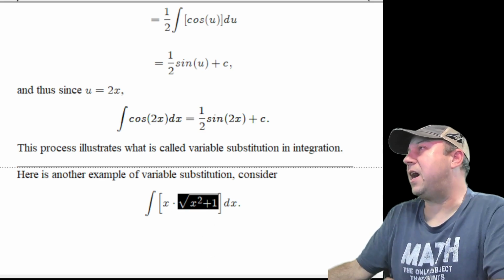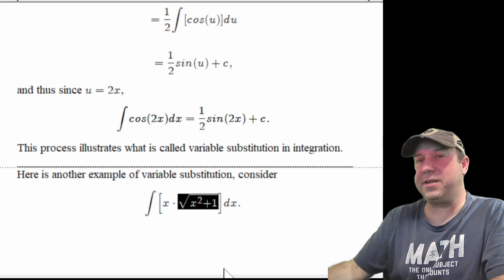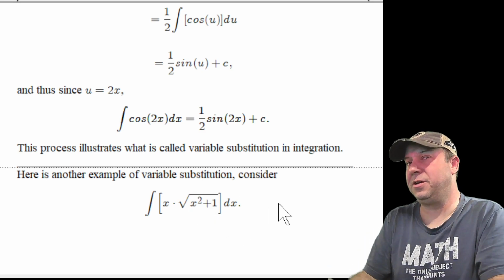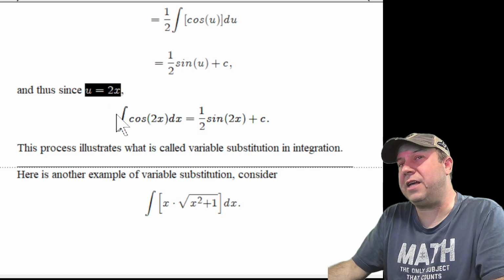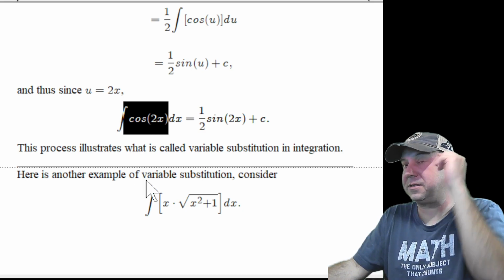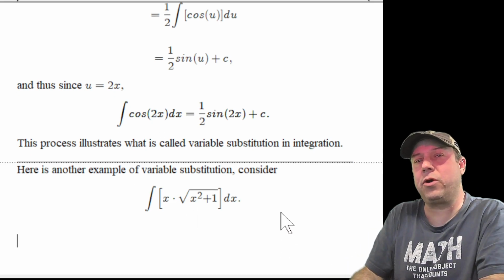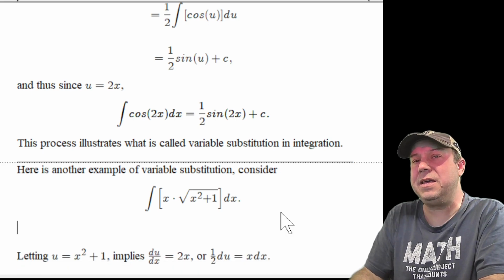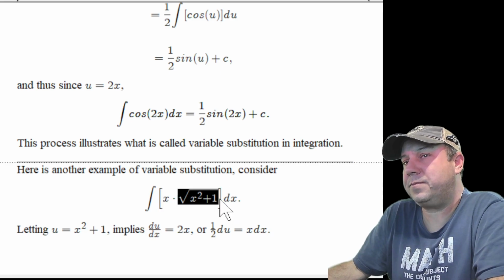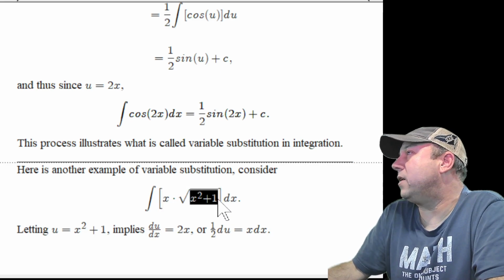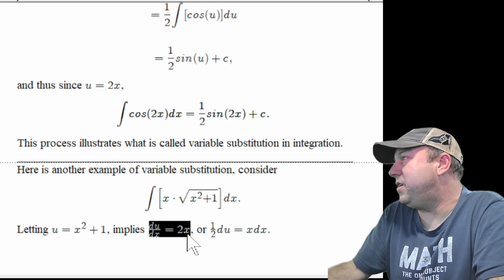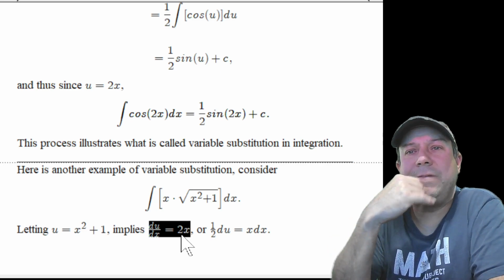Where I have this composition, I want to declare u to be the interior function in that composition. Just as I had done previously with the case for u representing the 2x inside this composite with cosine of 2x. Here I'm going to let u equal x squared plus 1. If I let u equal the quantity x squared plus 1, its derivative will yield the value of 2x.